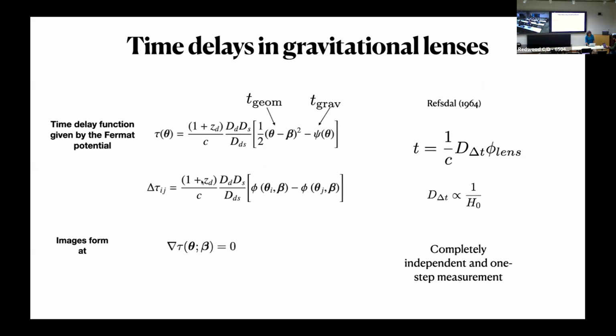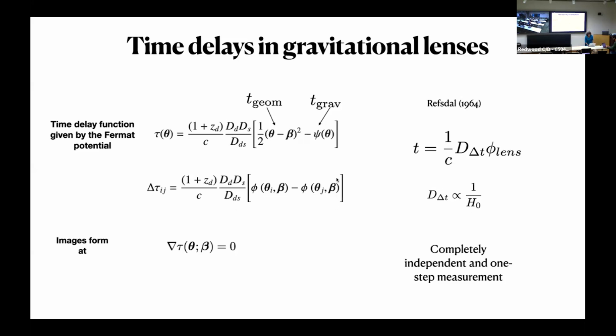So if you measure these time delays and get a hold on the lens potential, plus you know the lens redshift, then you can constrain H0 through this distance ratio factor. And so strong lensing provides a completely independent and one-step measurement of H0.